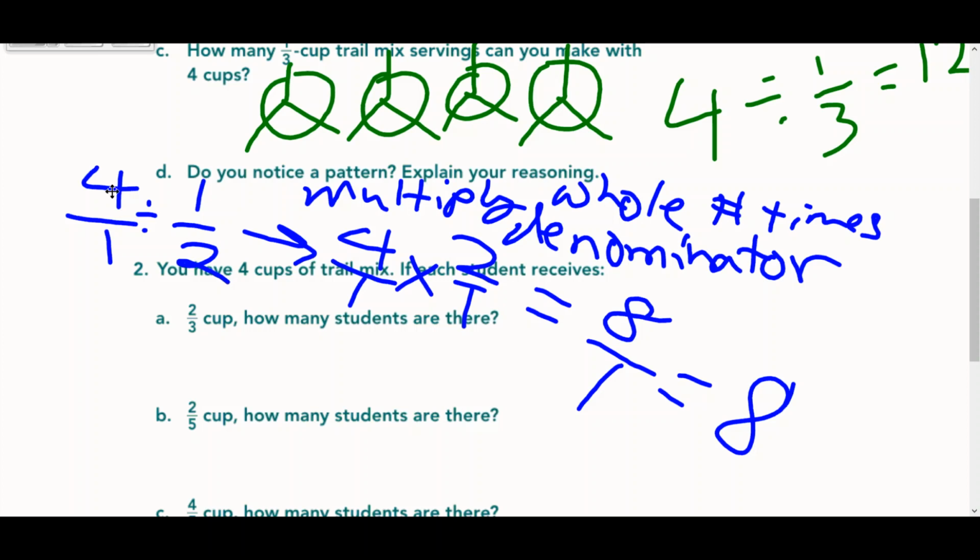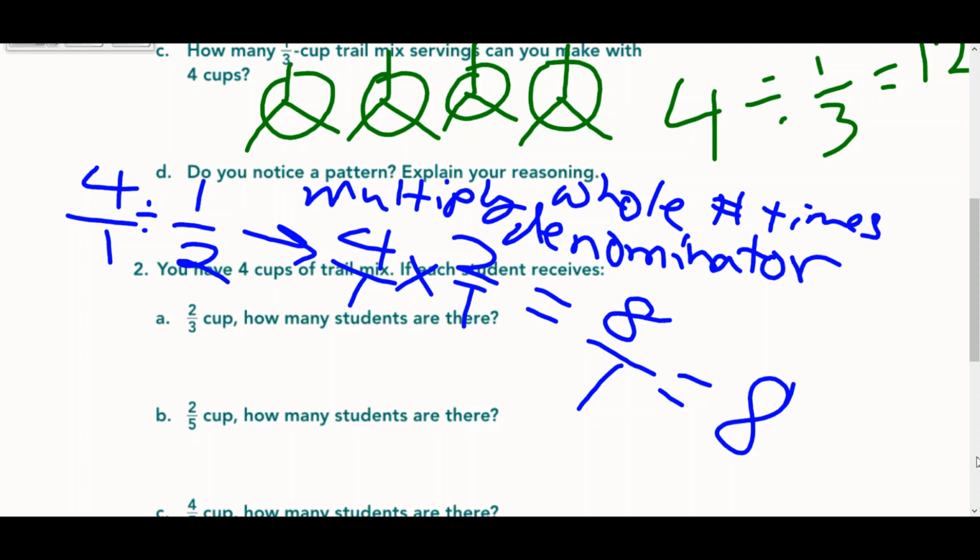Well, if we take this first number and we turn it into a fraction by putting it over 1, and divide it by a half, what I could do is turn this division into multiplication and then flip this. So now it's 4 over 1 times 2 over 1, which is 8 over 1, but 8 over 1 is the same as 8. So this is going to be really handy on our assignment.